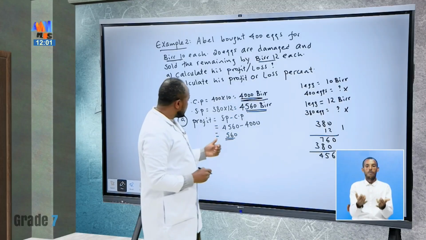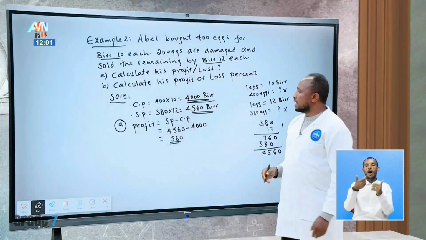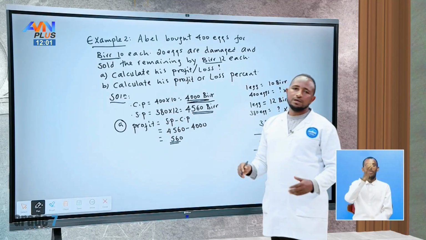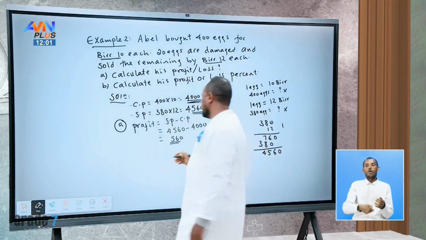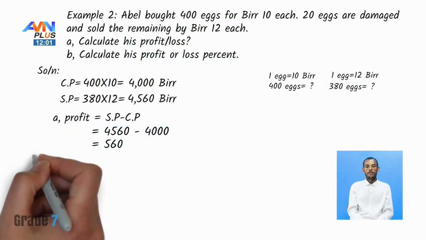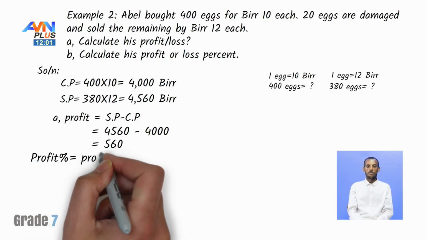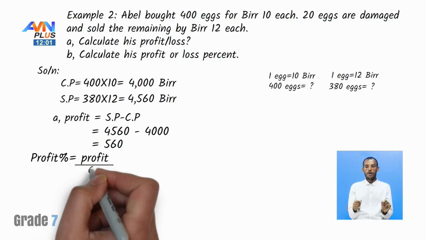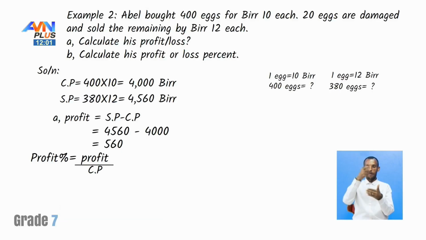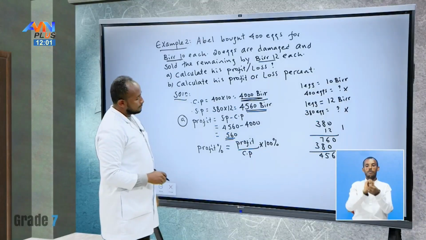Now, let's convert this into percent. How do we calculate profit percent? Simply, you divide the profit by the original cost. Therefore, profit percent is equal to the profit divided by the cost price, and then you multiply this by 100% to convert it into percent.